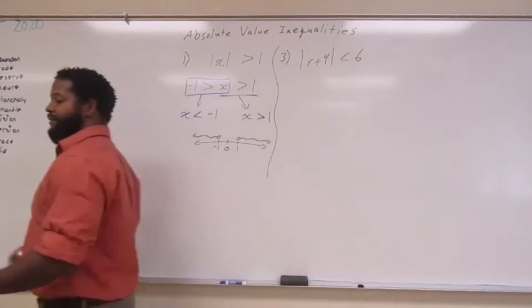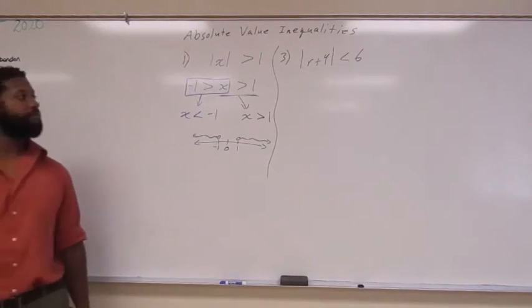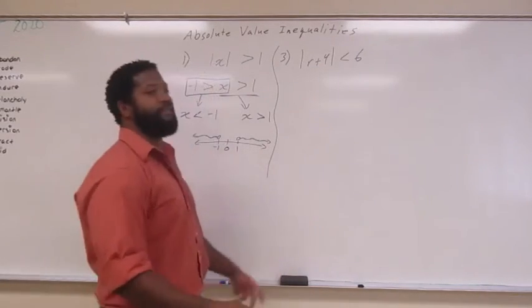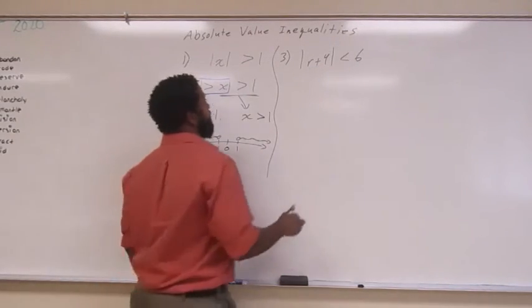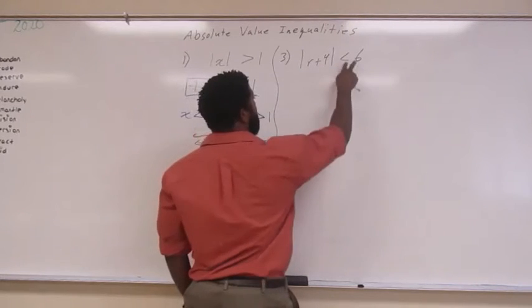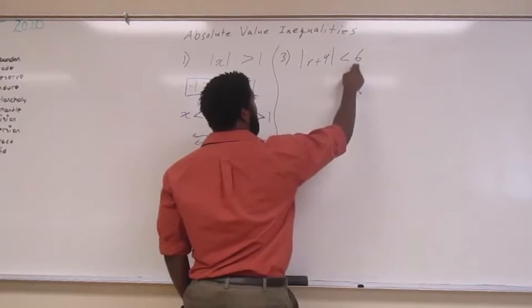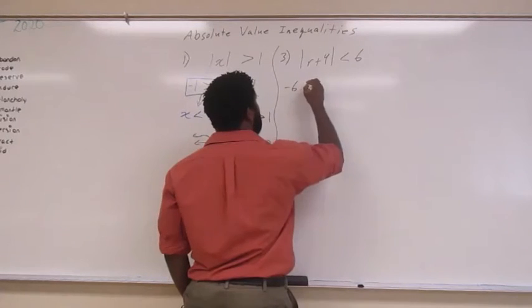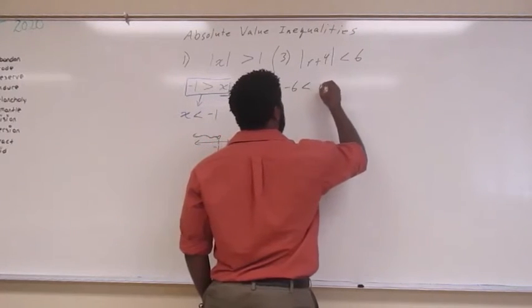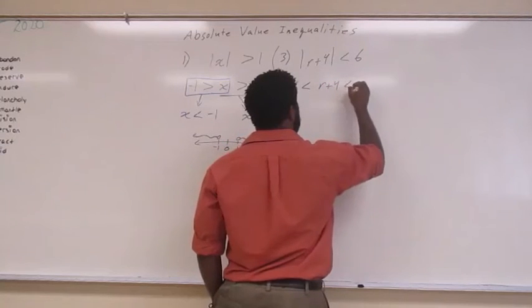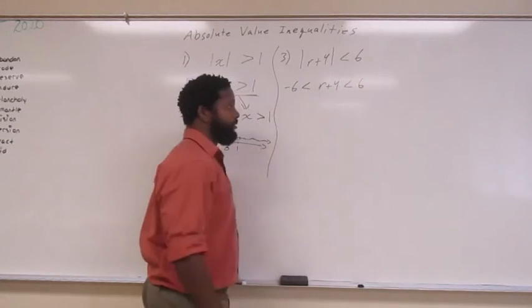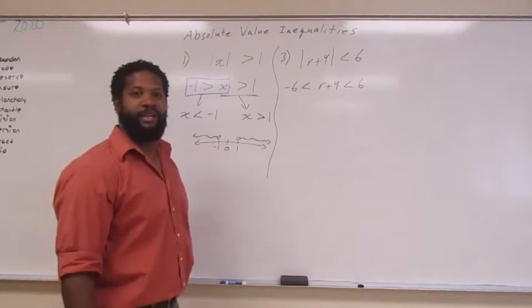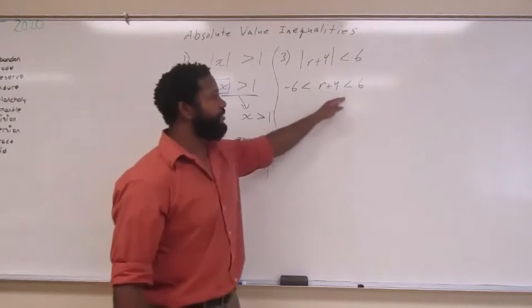If it's less than, or less than or equal to, most likely you're going to have an and. So let's get rid of this absolute value. Let's take the opposite of 6 and bring it over to the other side. So negative 6 is less than r plus 4, which is less than 6. That kind of goes together. You see how it gels together?